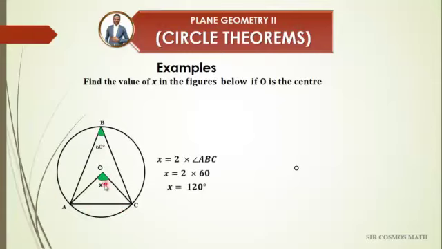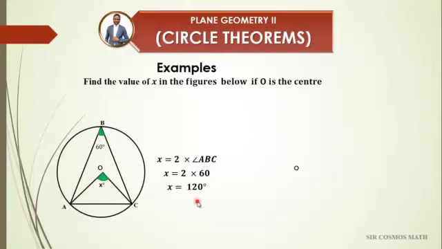We know where X is located, and we know twice this is going to give us that. So in case I have this one, all you're supposed to do is multiply the top one by 2, and that is exactly what we have here. So X is equal to 2 times angle ABC, and ABC is 60. So 2 times 60 is 120.